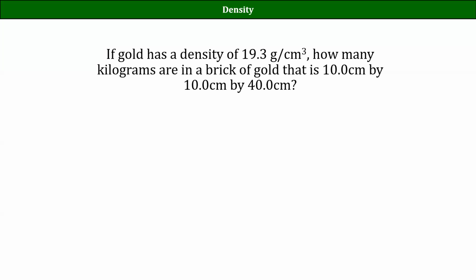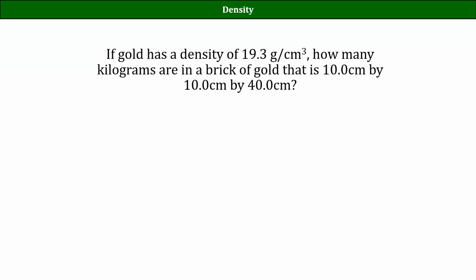All right, these are numbers we should be able to do in our head for the volume. What's the volume of our gold brick in cubic centimeters? 4,000 centimeters cubed. Right, so 4,000 centimeters cubed, and it's only 3 sig figs though, so 4.00 times 10 to the 3 centimeters cubed.